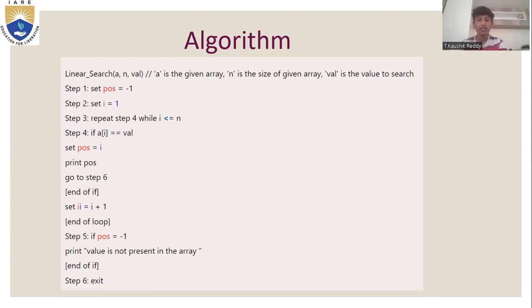Step 4, if A[i] = val, then set position = i, print position, and go to step 6. End of if. Set i = i + 1. End of the loop. Step 5, if position = -1, print "value is not present in the array". End of if. Step 6, exit.